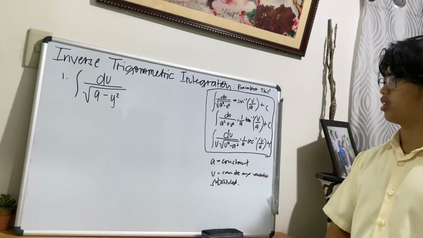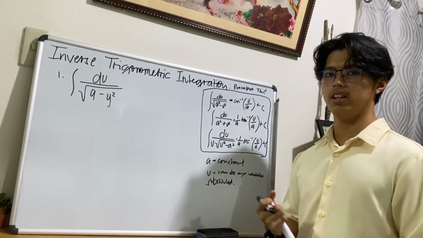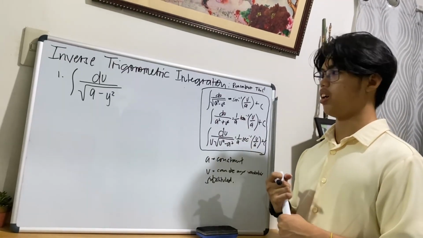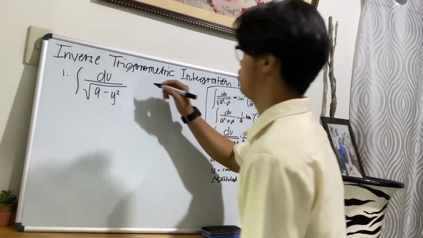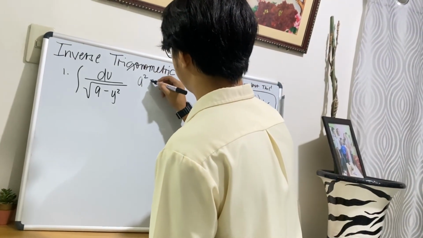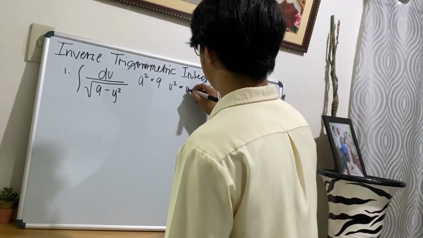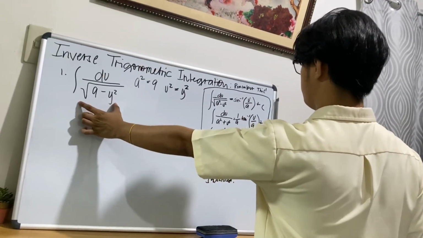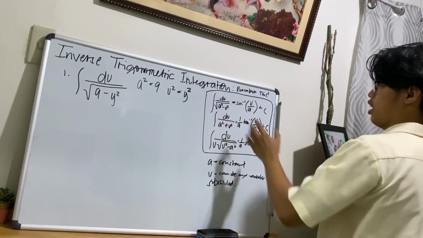In order for us to solve this problem, we need to identify what is our constant and what is our variable that can be substituted to u. As you can see, this is the same as this formula of arc sine.